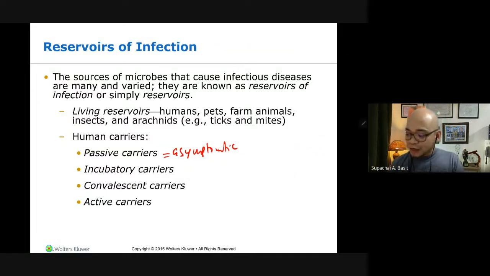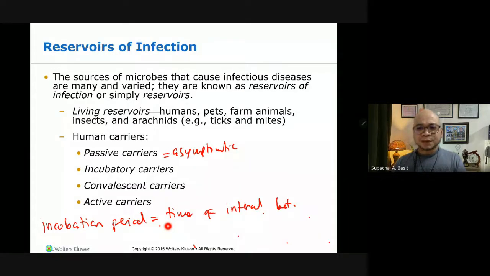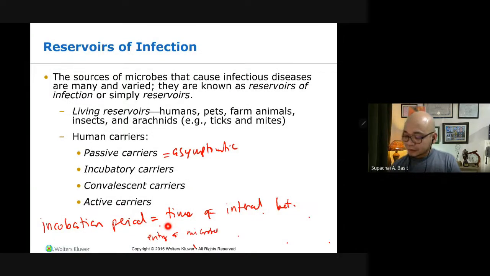So when you say incubation period, we are referring to the time interval between the entry of microbes and the appearance of the first signs and symptoms.